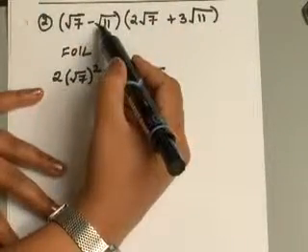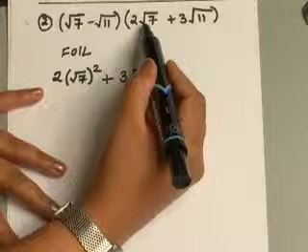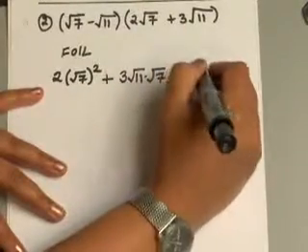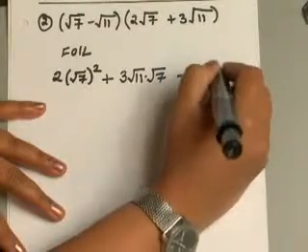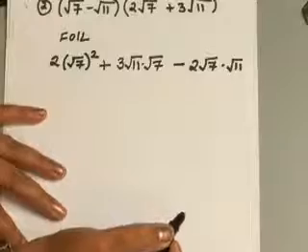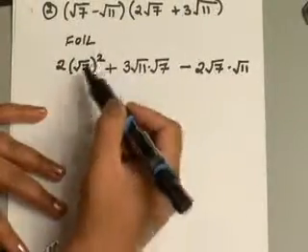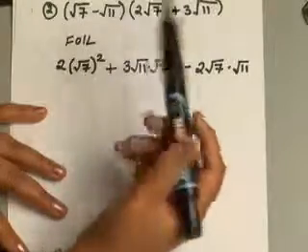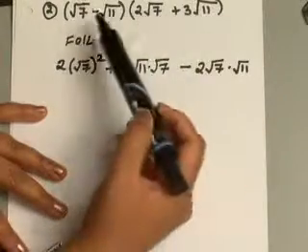Then you take the negative square root of 11 and multiply into 2 times square root of 7. So that will give you minus 2 square root of 7 times square root of 11. Okay, so those are your first three terms, the F, O, I, and we're left with the L, which is the last.